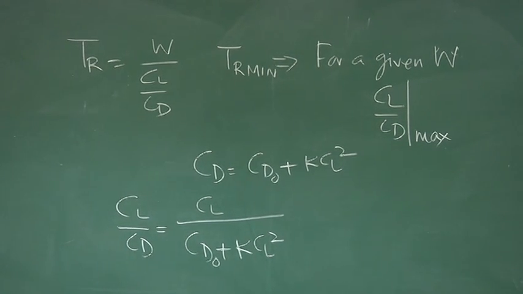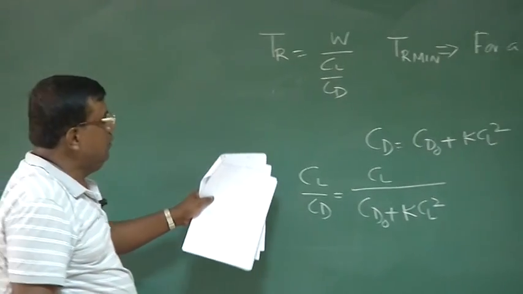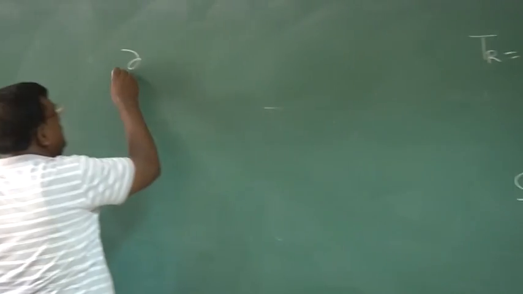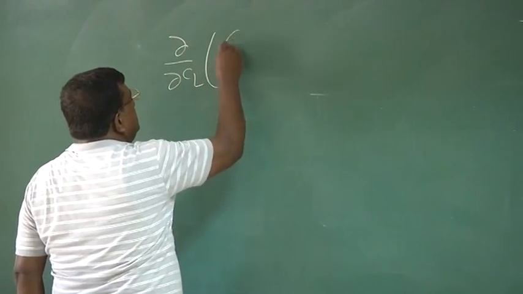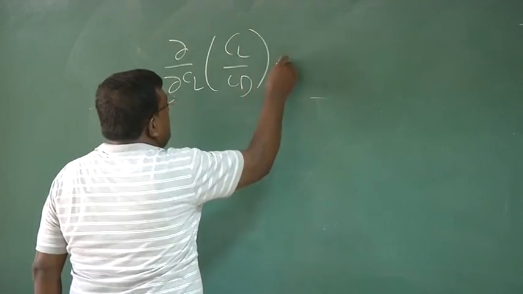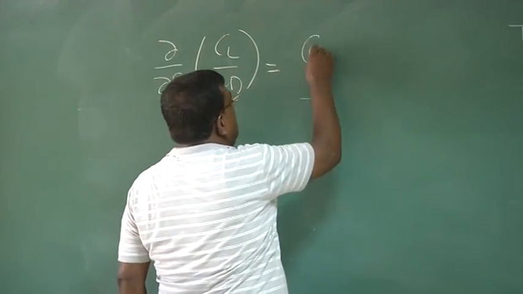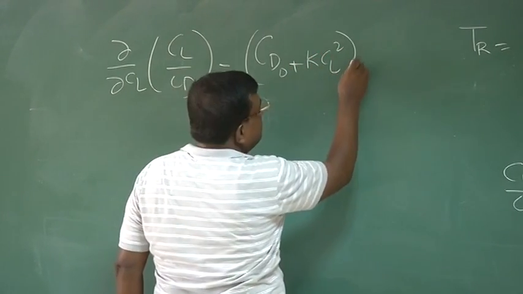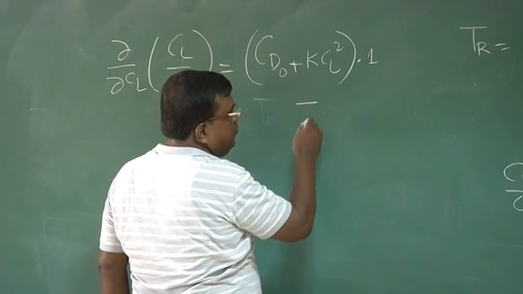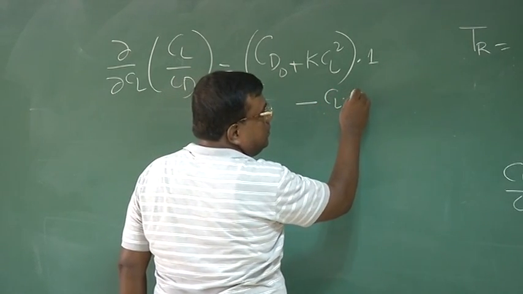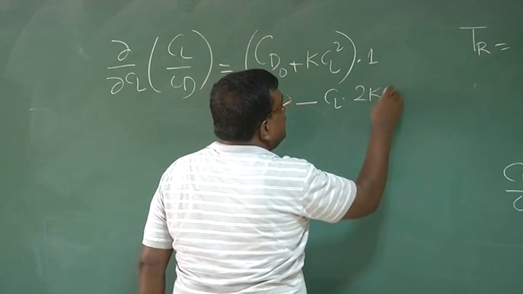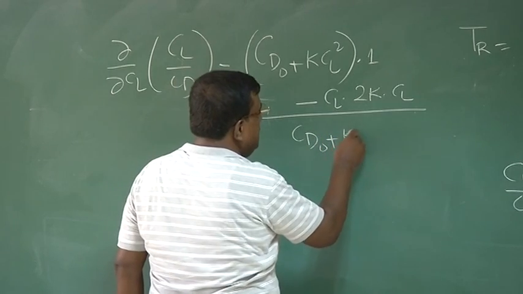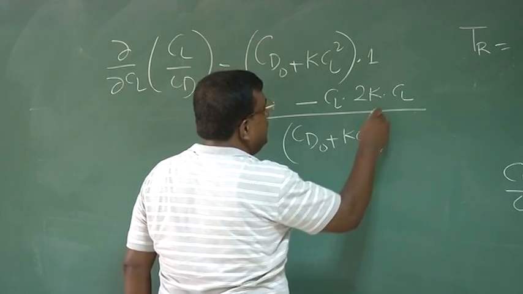Okay, now how do I check for maximizing the CL by CD? The rule is very simple. You differentiate, then what do you get? You get CD naught plus K CL square into 1 minus CL into 2K CL, divided by CD naught plus K CL square, whole square.